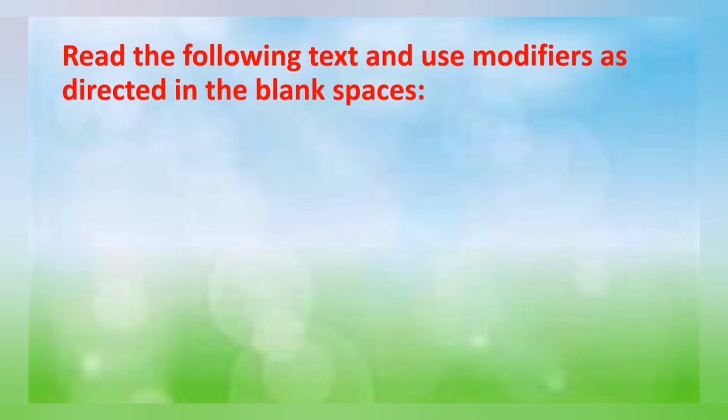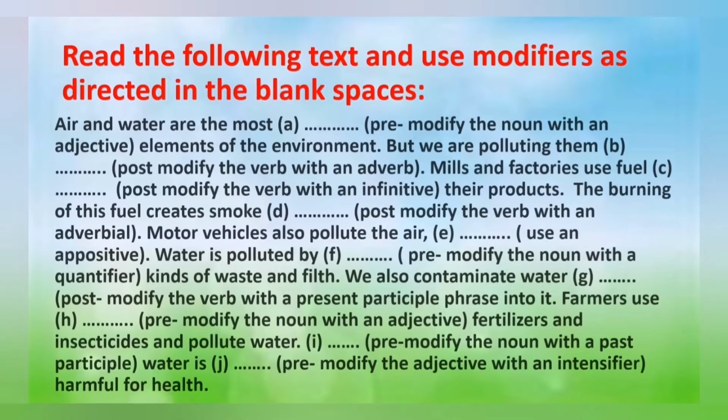Let's see a sample question. Read the following text and use modifiers as directed in the blank spaces. This is the question, and I have already told you that modifiers will be given in a passage as fill in the blanks. So let's solve this board question together.